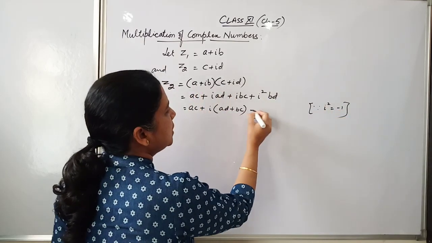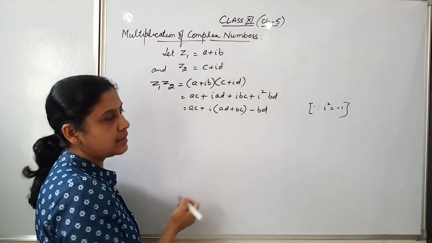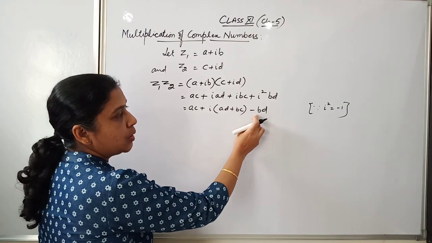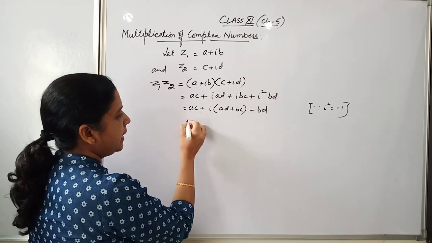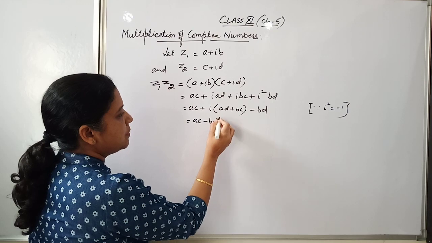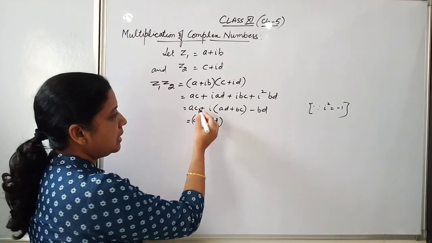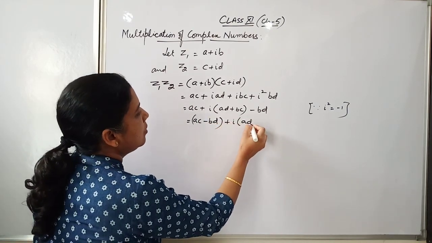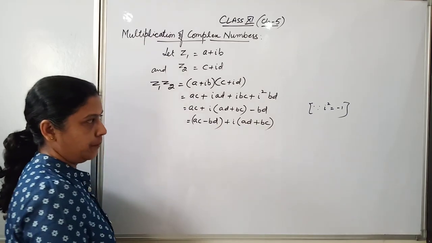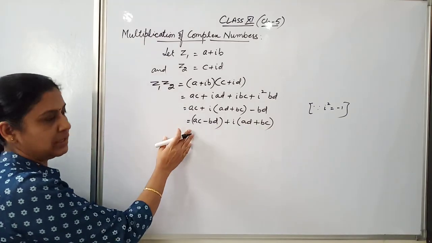So I'm going to put down the value of iota square as -1. Now this is a pure real part which will be written in front. So it becomes AC minus BD plus iota into AD plus BC. This is a simple process of multiplication.